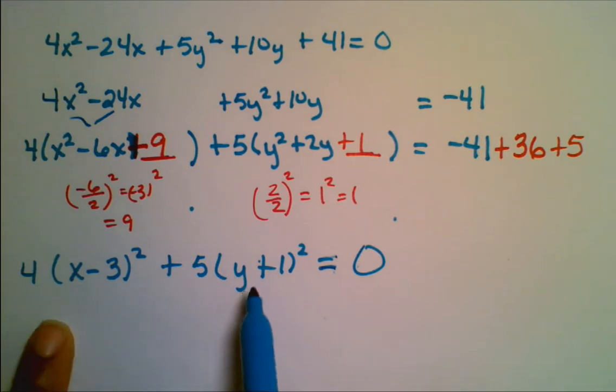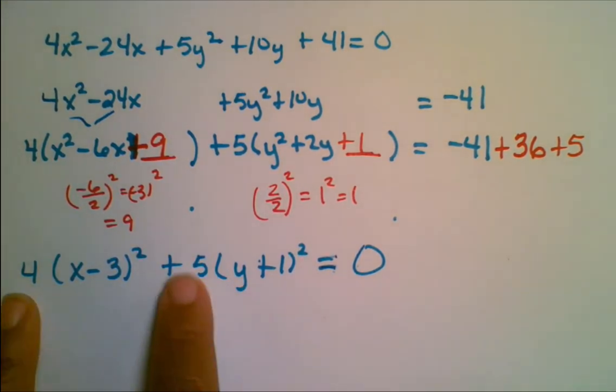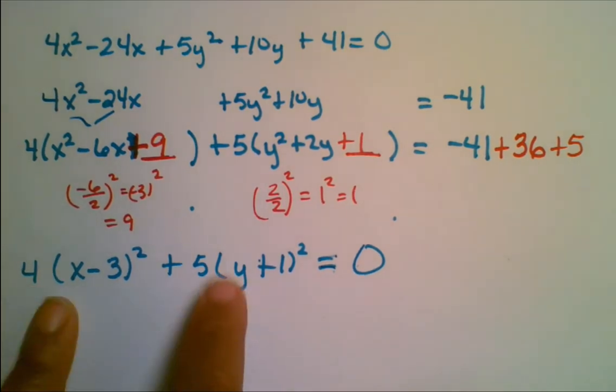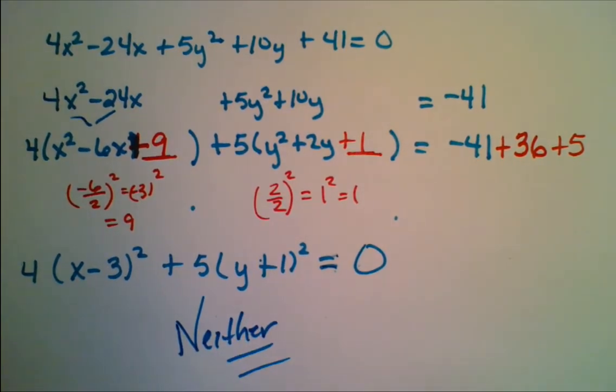Because in order for it to be a circle, the coefficients must be the same, and if we distribute this 4 and 5, the coefficients are not the same. So we would say it is neither of the choices that we have here. Okay, so that one is not a conic. It actually will be a point, and we can't do anything else with that one. So we are finished.